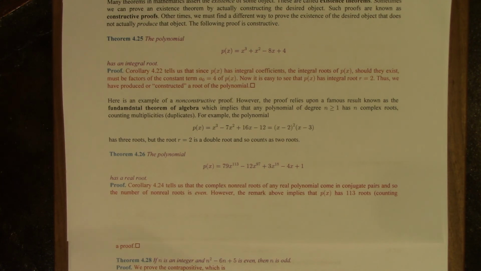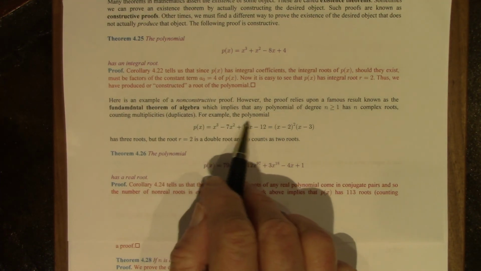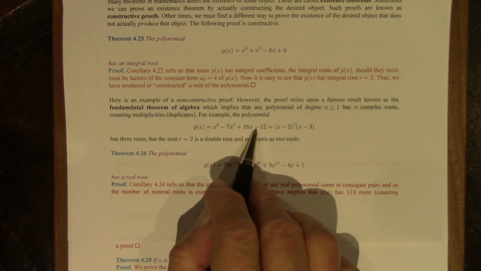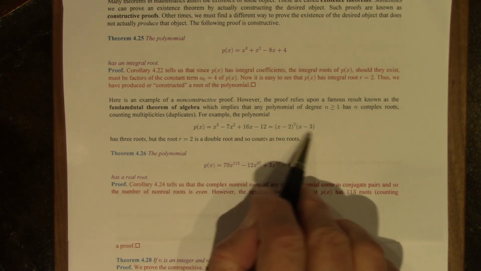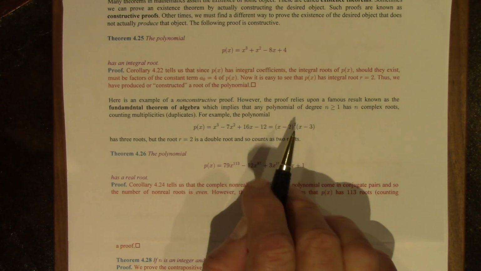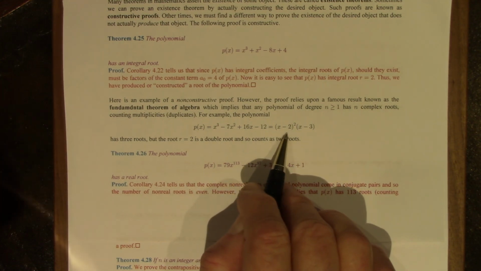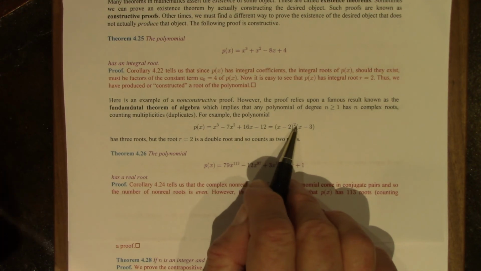So we must count what you might call duplicate roots. Just for example, this cubic polynomial factors like this. And so we would say it has 3 roots, but the root r equals 2 is a double root, so it gets counted twice because of the exponent 2.